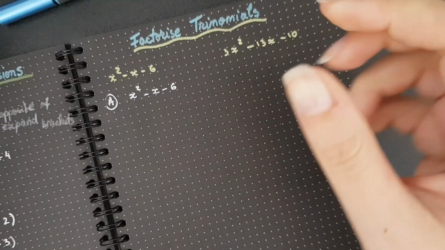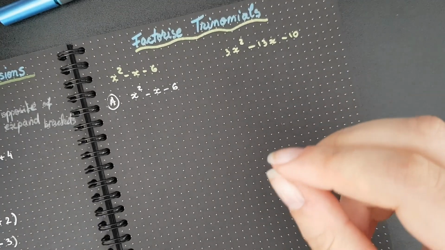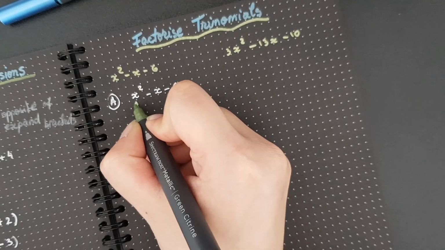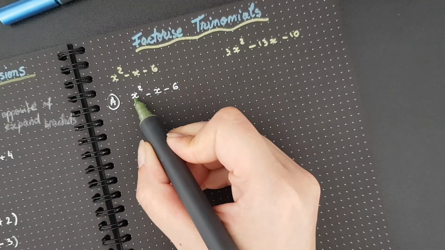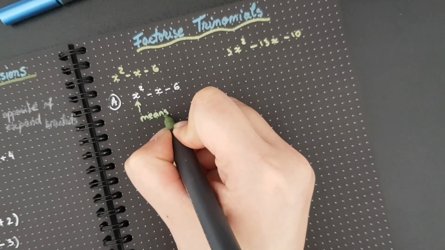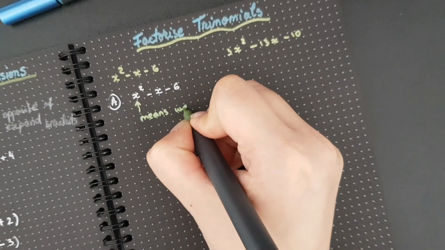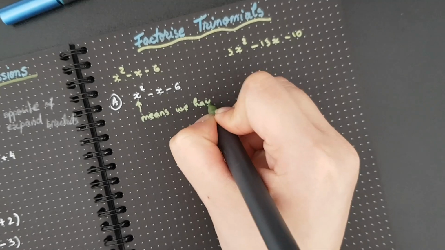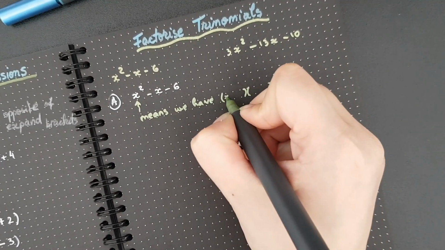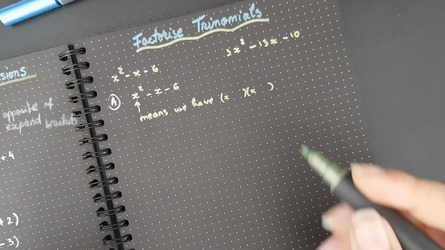Now the first and most important bit to look for in here is the x squared. That x squared actually means that we have two brackets that start with x. It's very important.